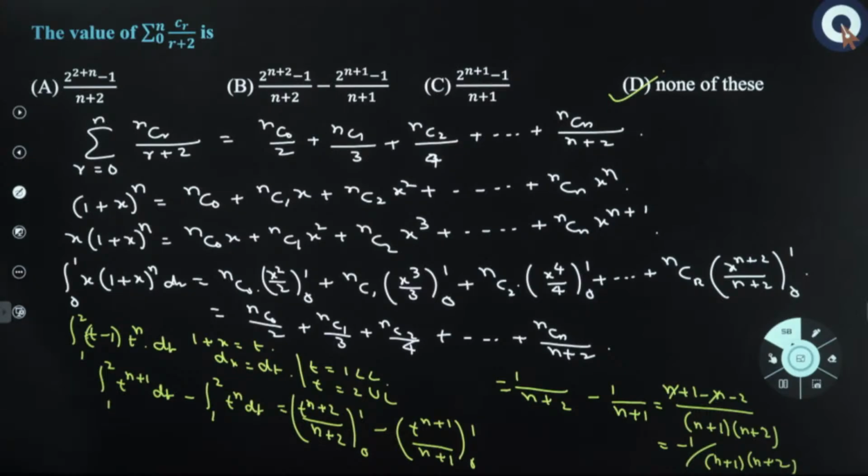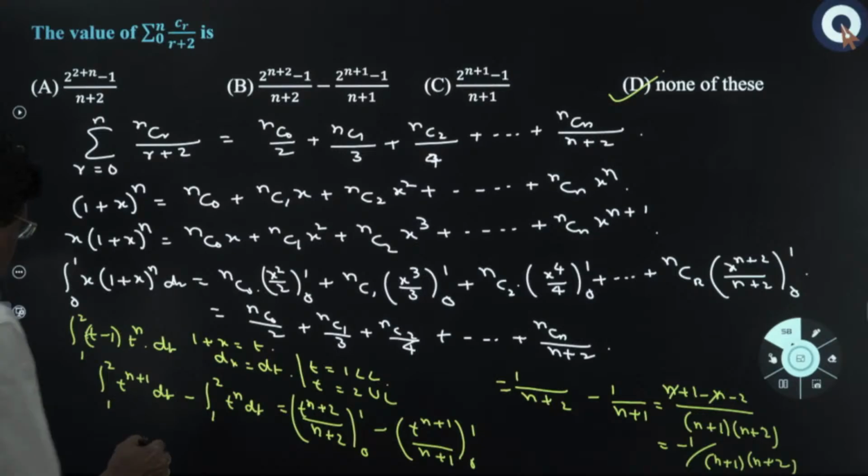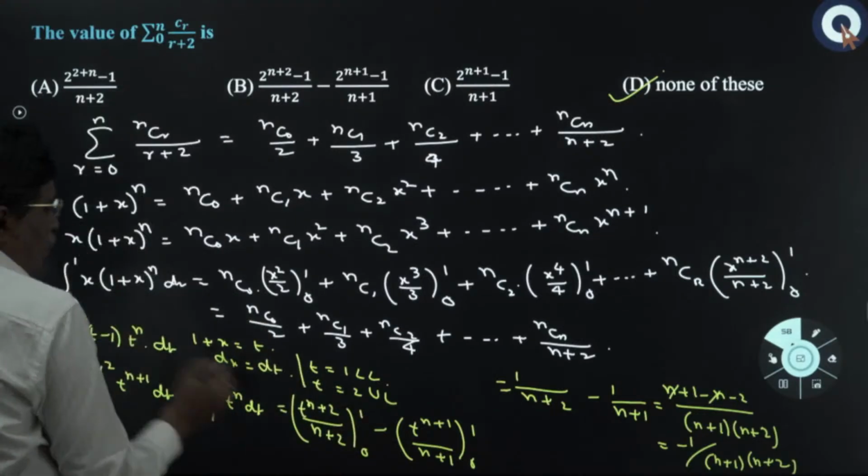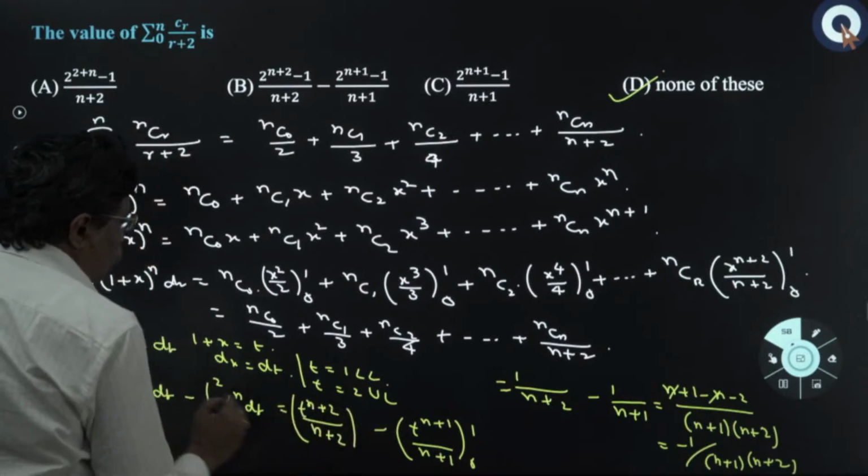No, the limits are from 1 to 2. Okay, the limits are from 1 to 2. I have applied from 0 to 1 here. One second. The limits are from 1 to 2, right?